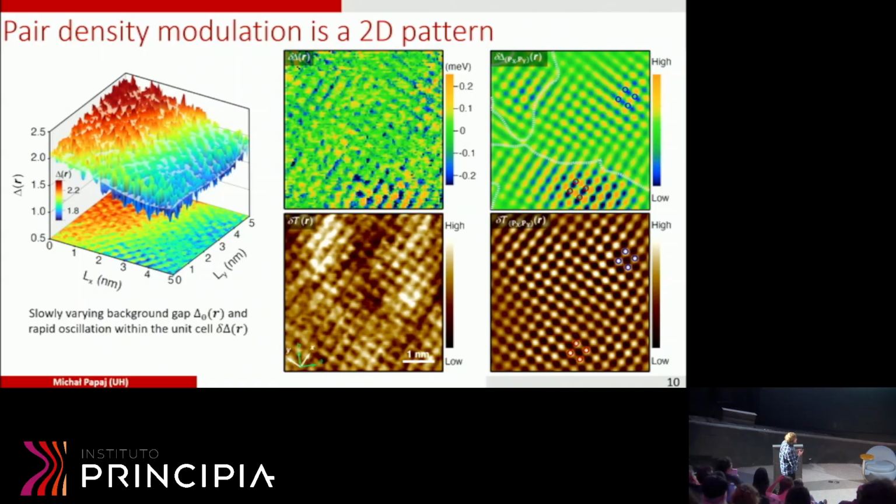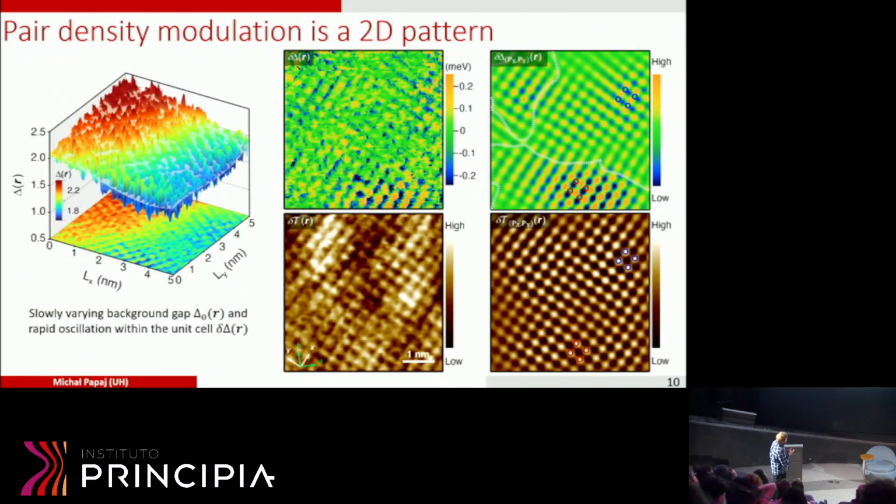So first of all, we look at the topography. We have those bright spots, which are the selenium atoms, and those circles highlight the positions of selenium atoms in two different areas. And we can see that the gap maxima actually appear between those circles, so exactly where the iron positions are.